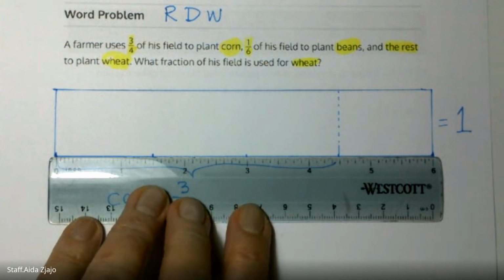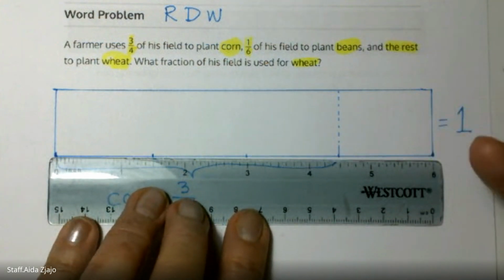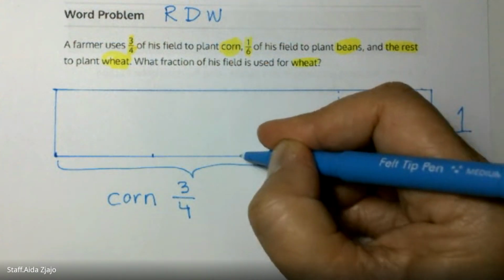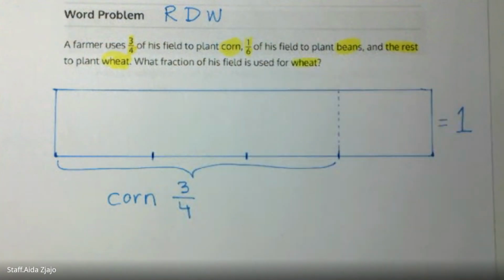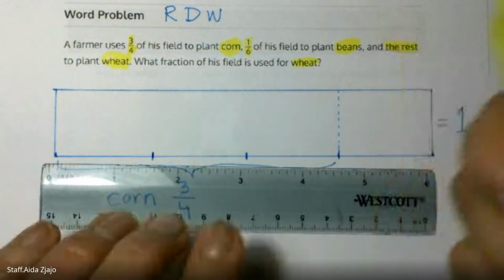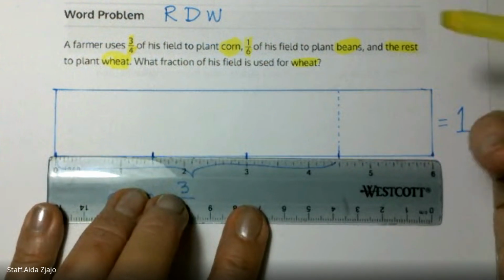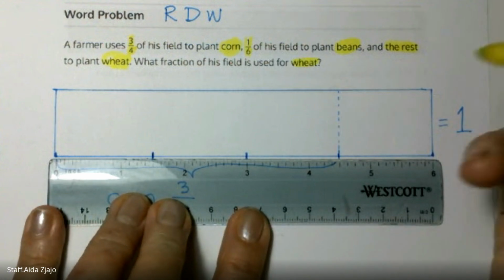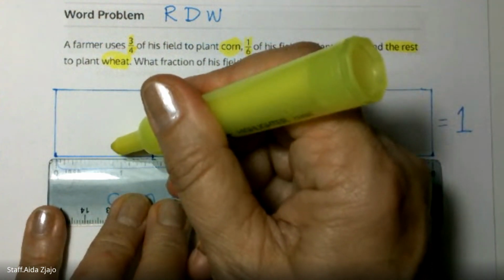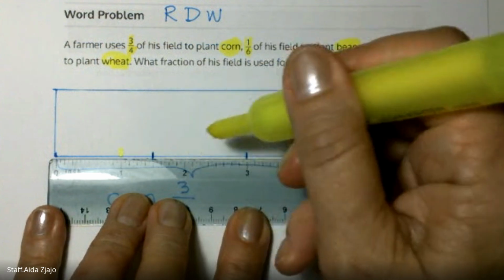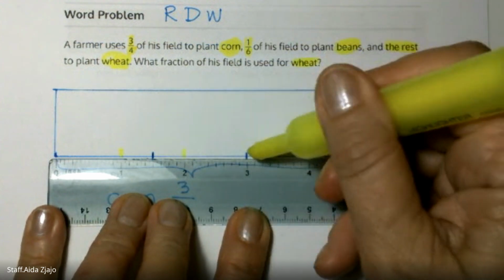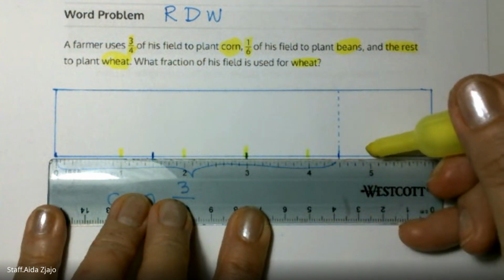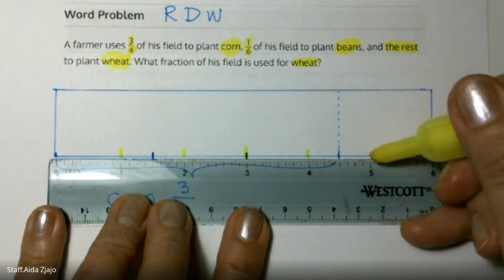So I'm going to use a different color. I marked my fourths with the blue. Now I'm going to mark my sixths with the yellow. I'm going to need 6 pieces, so it's going to be like this: 1, 2, 3, 4, 5, and 6.